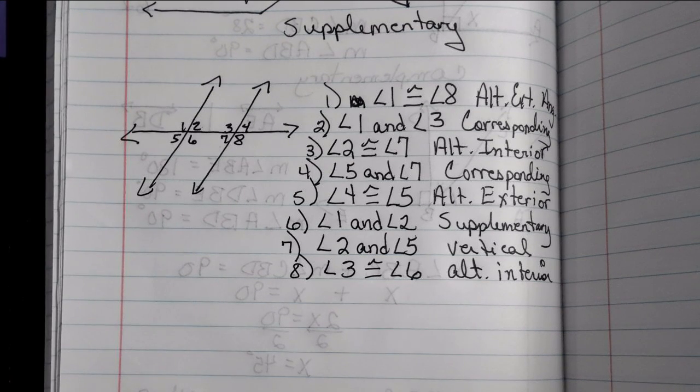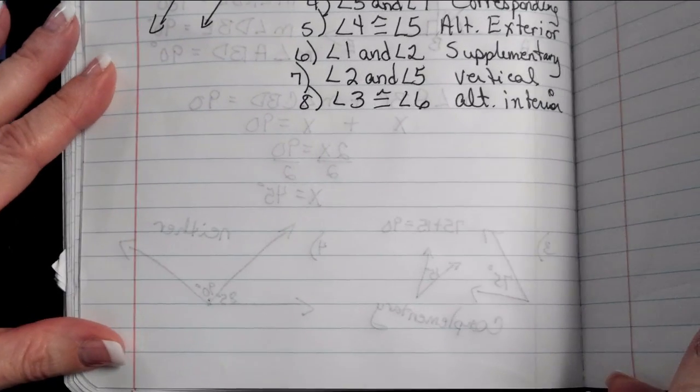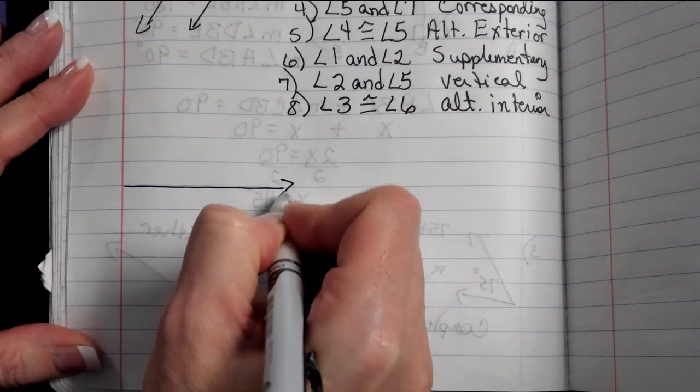But if you really think about it, you know the difference between interior and exterior, and you know alternate means opposite. So maybe the only one you have to really learn is the corresponding. Okay. All right, let's try to find some missing angles. Let's draw it this way.